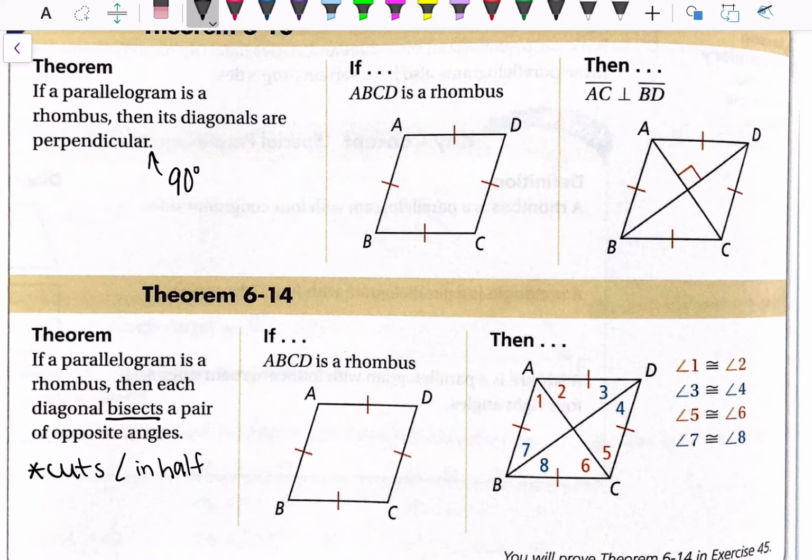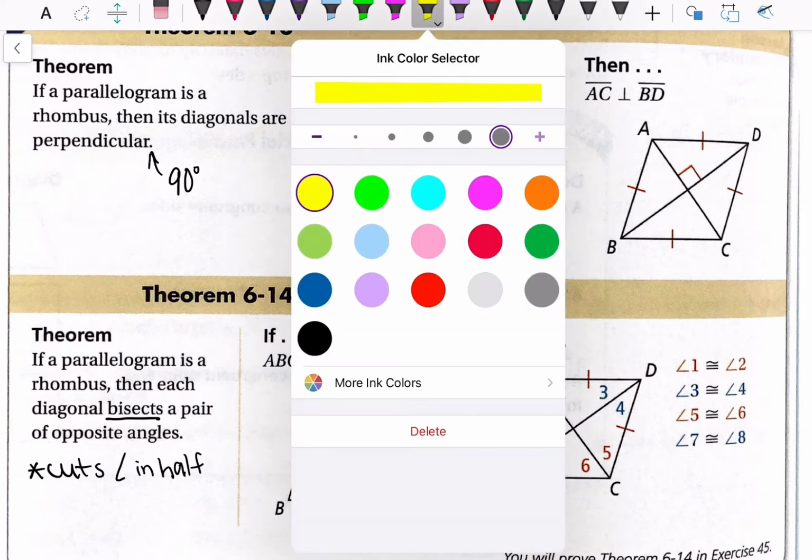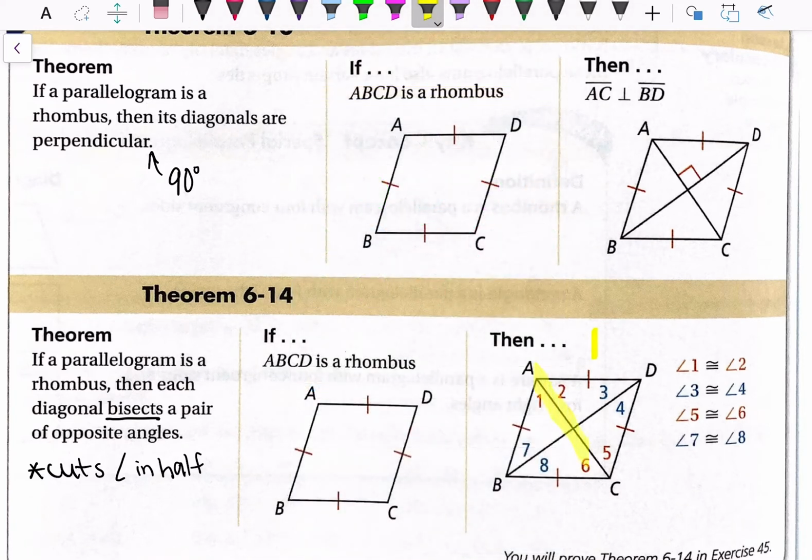So if you look at the picture, we look at diagonal AC. That means diagonal AC bisects angle A, where angle 1 is congruent to angle 2, and it bisects angle C, to where angle 5 is congruent to angle 6.